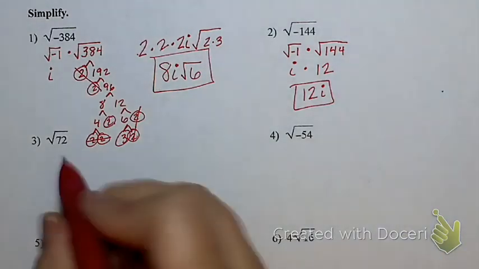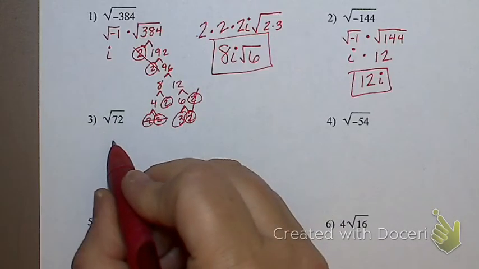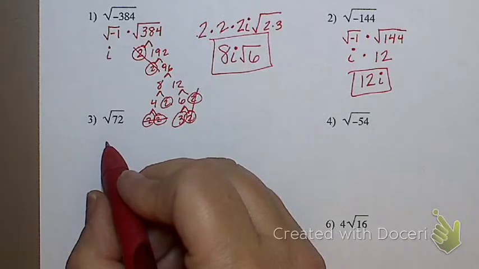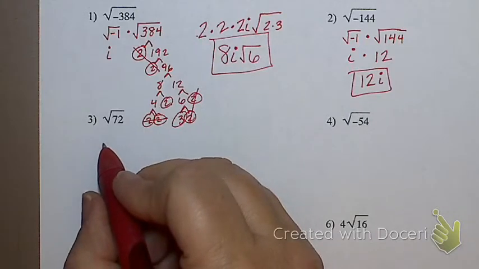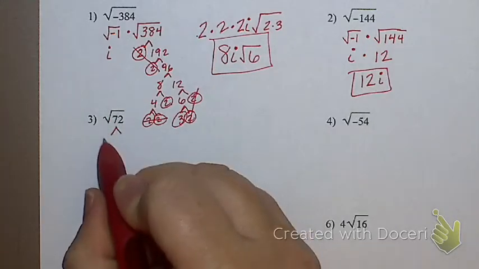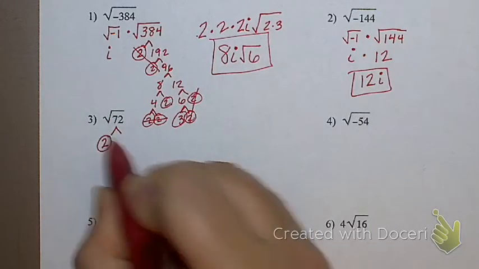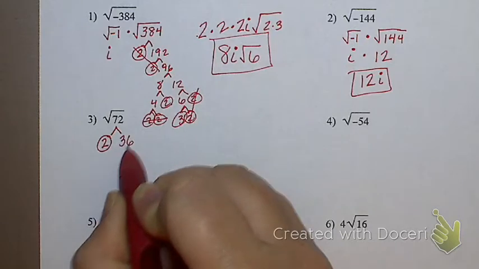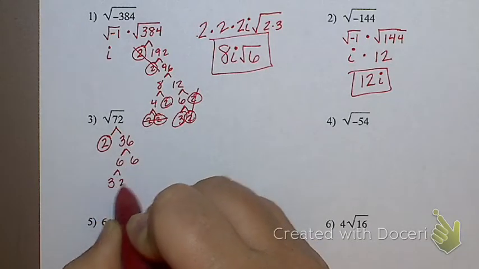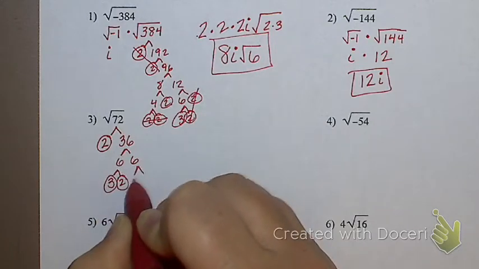What about number 3? How's number 3 different? Number 3 could have been on yesterday's notes. There's no negative, so I don't need to worry about an i, right? I'm just going to draw my tree and go from there. 72 can be broken down to 2 times what? 36. 6 and 6. 3 and 2. 3 and 2. What comes out?